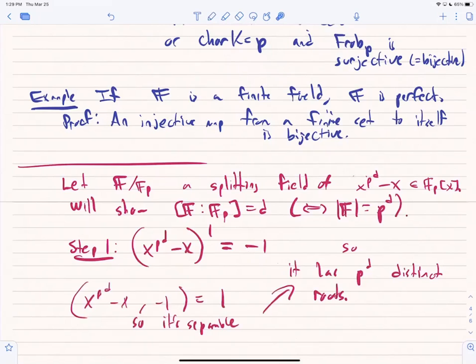Then I take the ideal generated by f and its derivative; well, that contains 1, so it's the whole ring, which is the definition of separable.